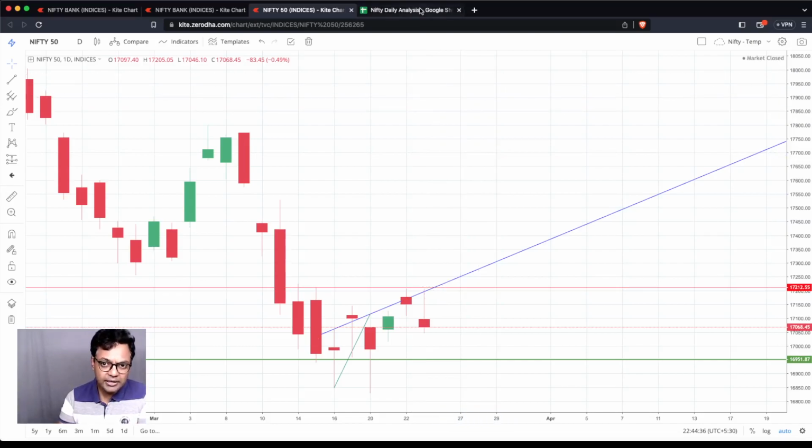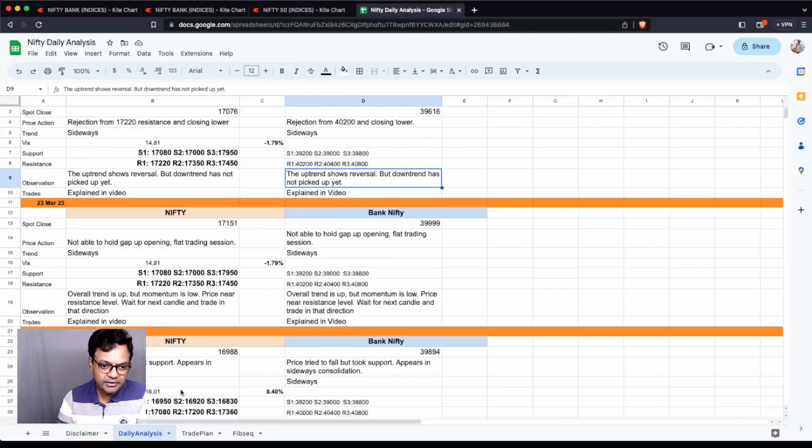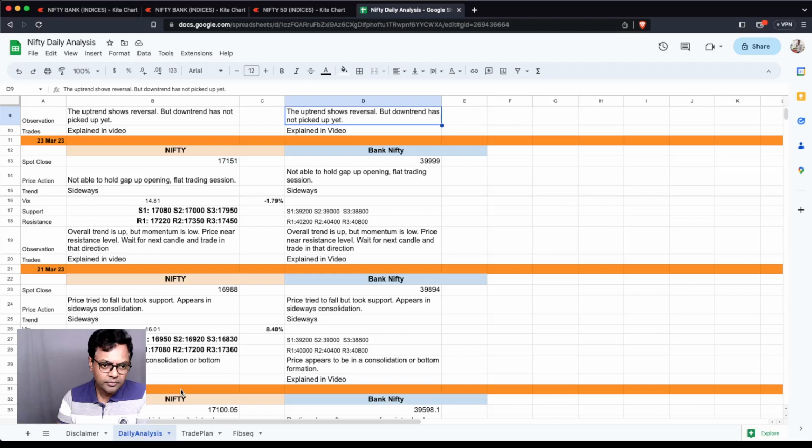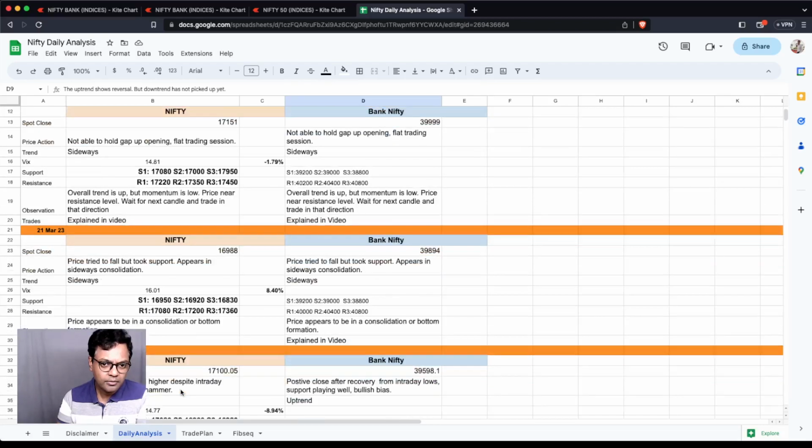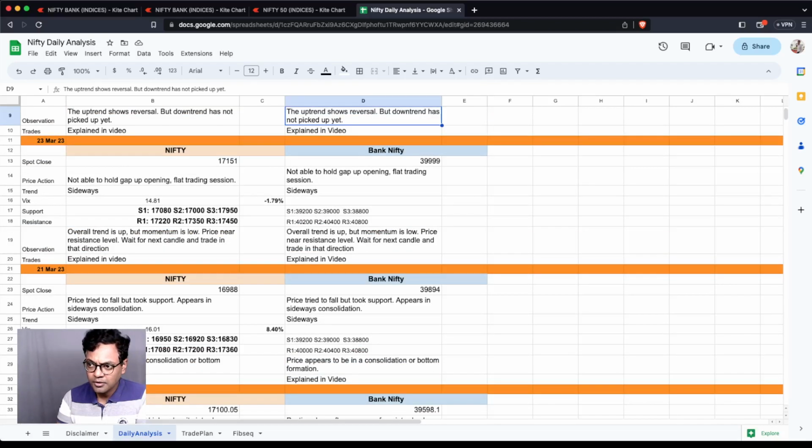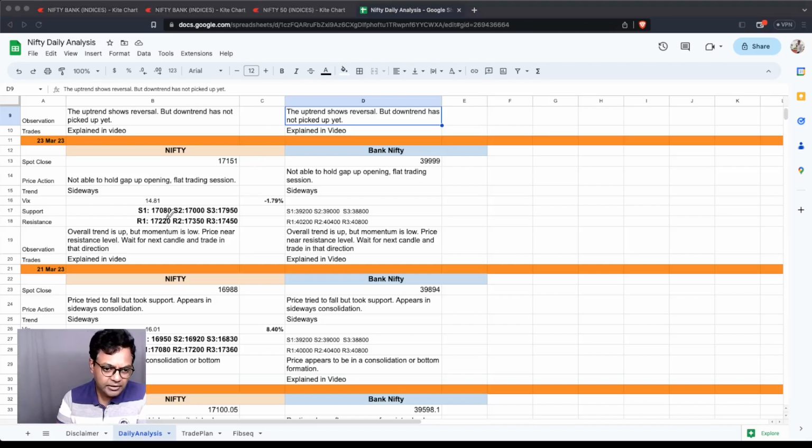I had mentioned in the previous analysis that 17,220 is the first resistance for Nifty, and for Bank Nifty 40,200 is the first resistance. So that worked out, that actually stopped the price from rallying today.